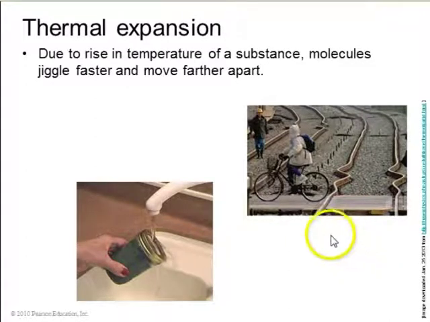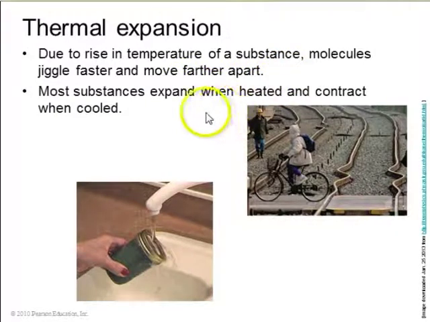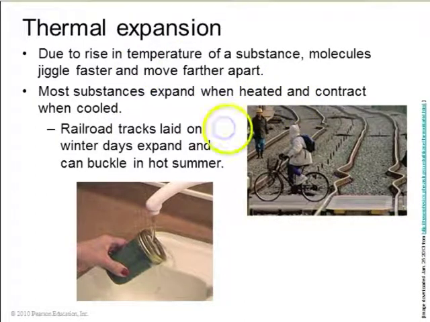Thermal expansion. When a substance has an increase in temperature, the molecules are jiggling faster, and so therefore they usually move further apart, and that expands the whole substance. So most substances expand when they're heated and contract when they're cooled.